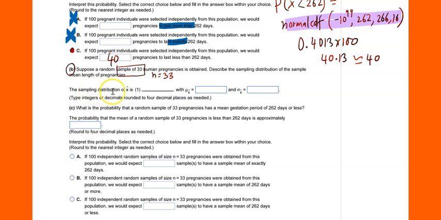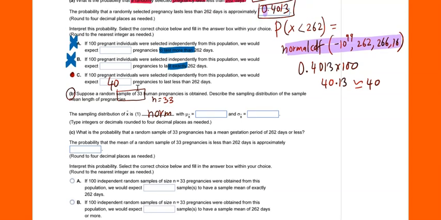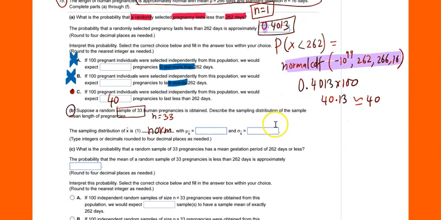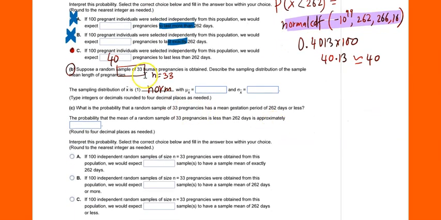The sampling distribution of X bar is normal. You know why? Because the population is normal, approximately normal with mean 266 and standard deviation 16 days. Since the population is normal, the sampling distribution is definitely normal.